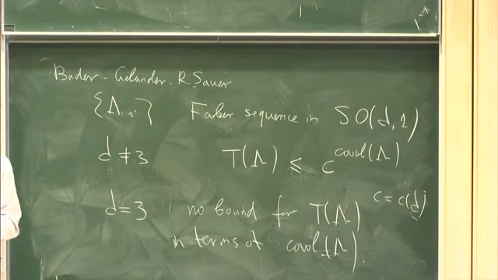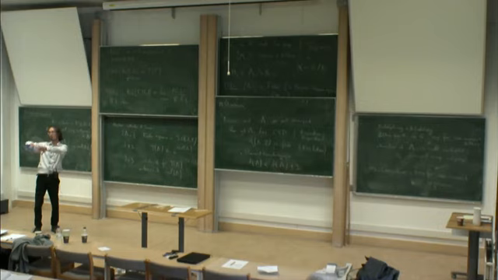Thank you. What makes the difference between D equals 3 and D greater than 3? I think Uri can answer, but they use some kind of method for creating new lattices, a Piatetski-Shapiro type construction. That will give you the dimension 3 counterexample, but what's the property which enables the proof to work for D greater than 3 and does not work for 3?